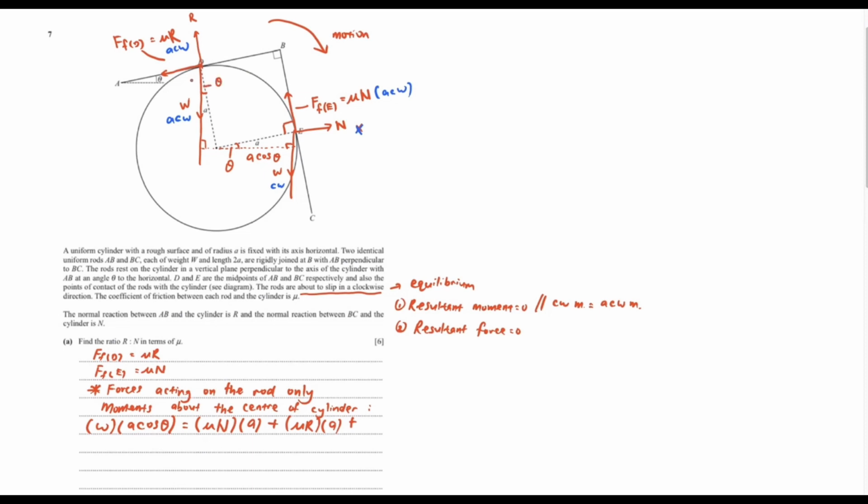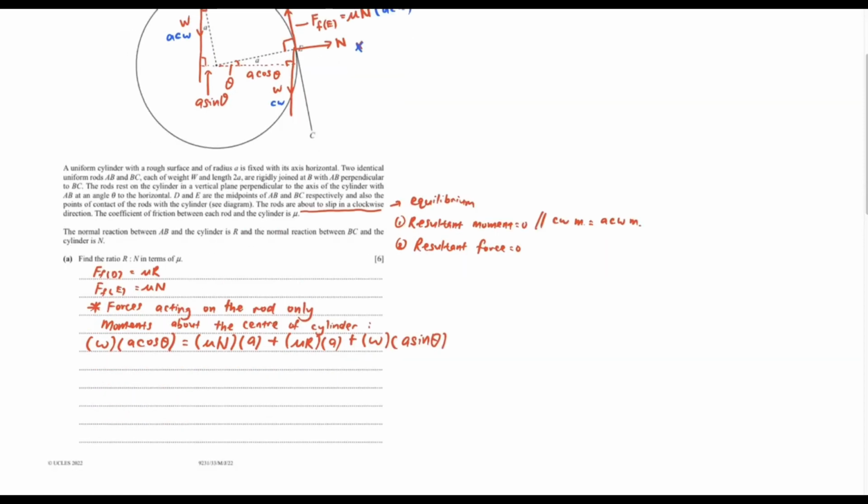Theta is here. So you need to think by transferring the angle one by one. At the end, theta will be here. So this is A cos theta, and this one is A sin theta. The W is the force, and the perpendicular distance is A sin theta. So we managed to form an equation in this way.